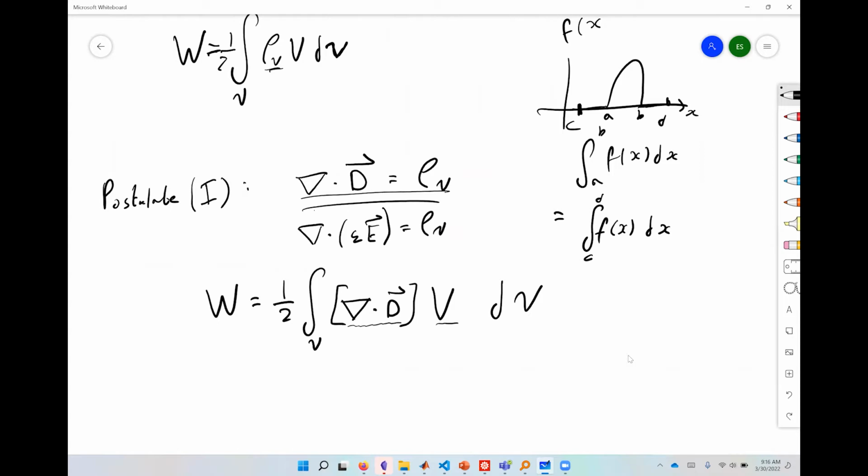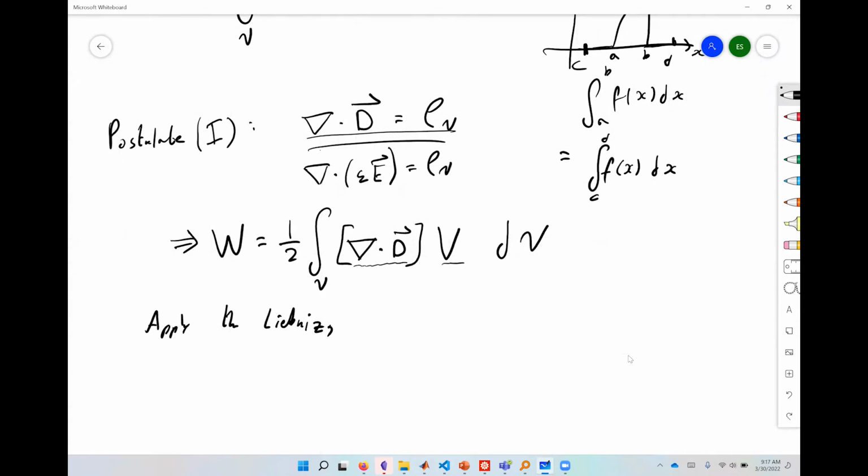This looks like something that has a differentiation occurring and then a scalar. So this looks like something where we can apply the Leibniz rule, the product rule, right? I forget how his name is spelled, but I think it's Leibniz. Okay. And we use this form of the rule.